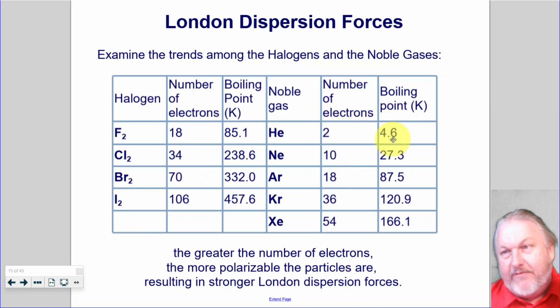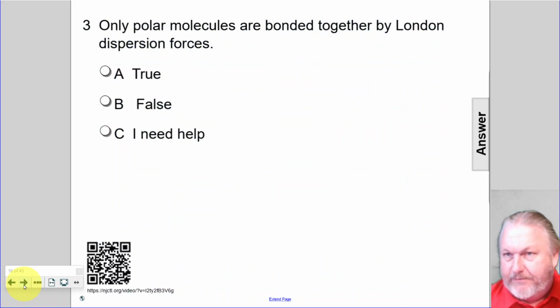Helium, that's not very high, 4.6 above 0 Kelvin. Xenon, the largest noble gas, 54 electrons, has a 166 boiling point because of all the excess or extra electrons around it.